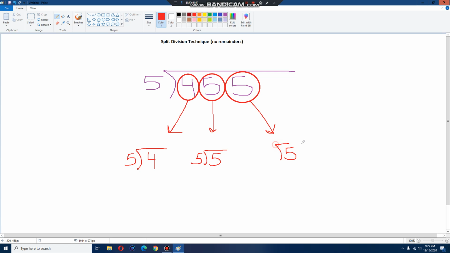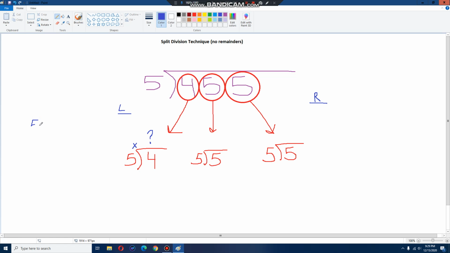That's the whole purpose of the split technique. You're splitting up these numbers into their own individual division boxes. Now, starting from the left side and going to the right, we solve each little division. 5 times some number is very close to 4.